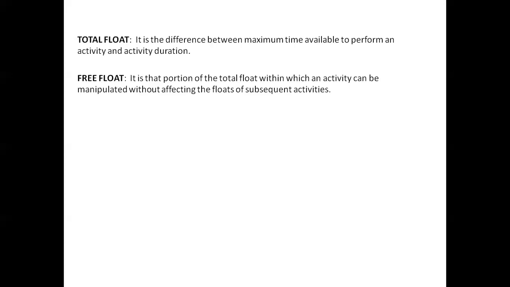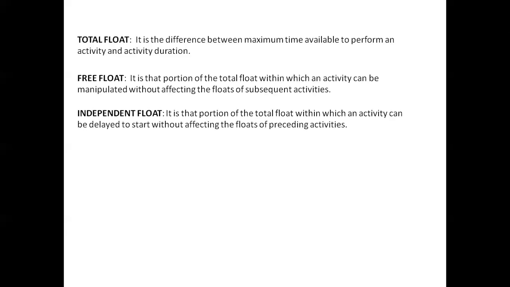The next one is independent float. It is that portion of the total float within which an activity can be delayed to start without affecting the floats of preceding activities. Suppose there are two activities A and B. A started at the 0th period, took 15 minutes to perform, and will be completed at 15 minutes. And the B activity has to start at the 15th minute.